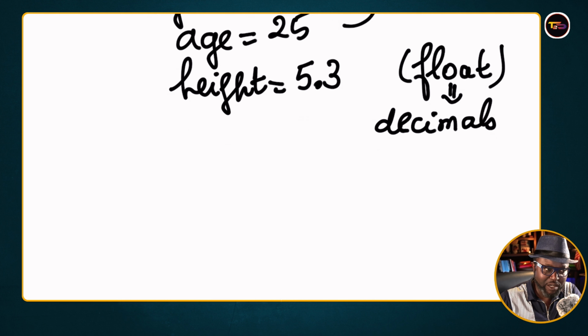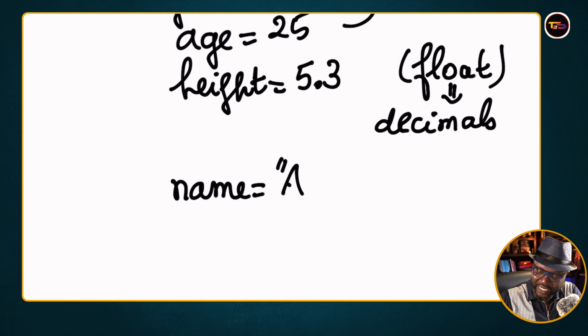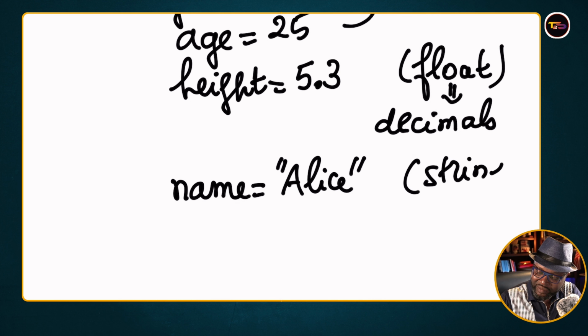And next, what you have is a string. Like here you have a name, then you have Alice. We've used that before. This will be a string. That's str. So we've talked about integer.